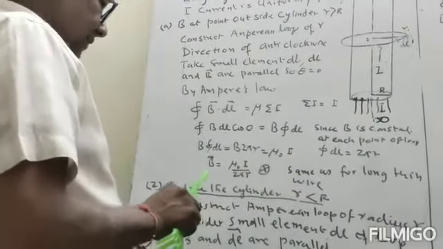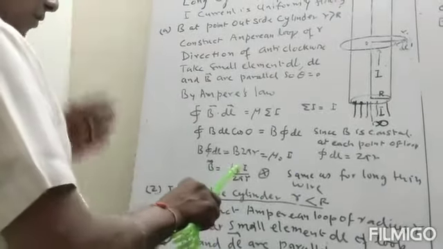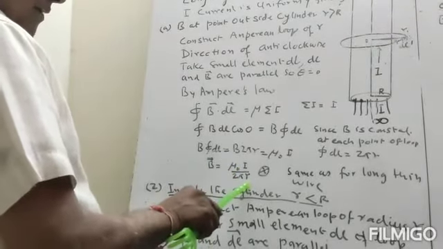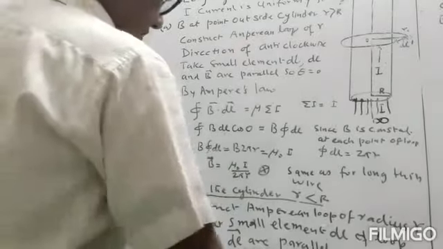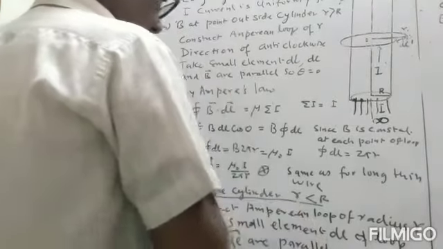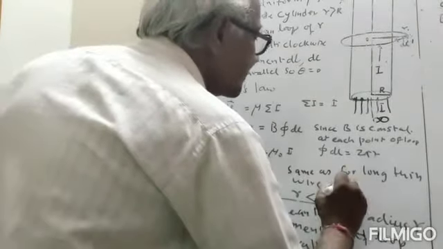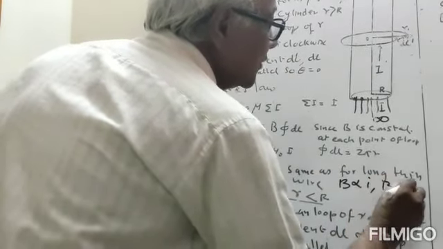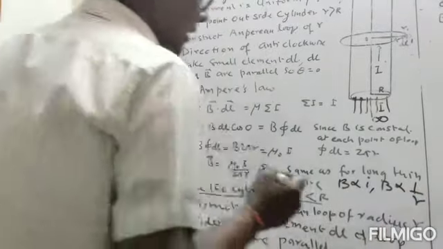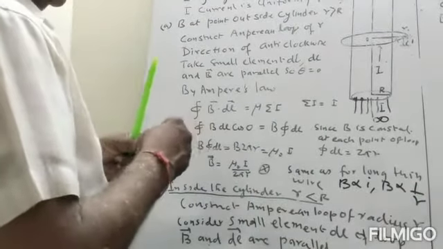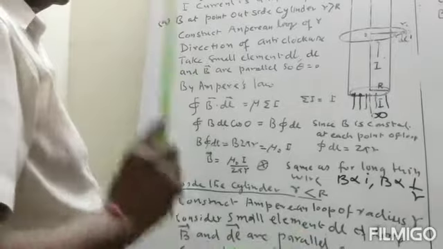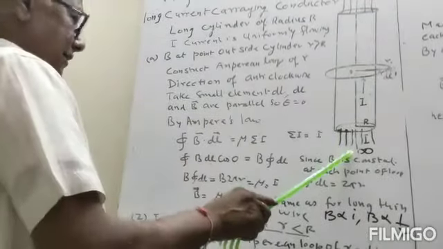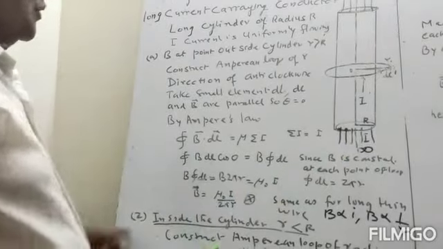Here the magnetic field B is proportional to I, and B is inversely proportional to r, where small r is the distance of the point P from the center of this cylinder. So this is the one case.